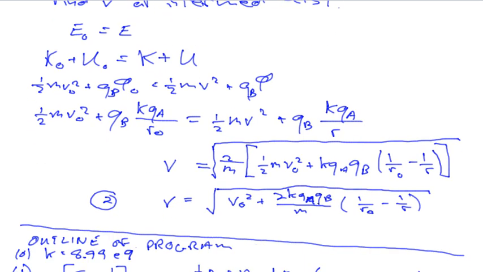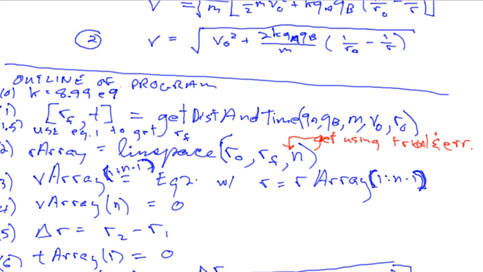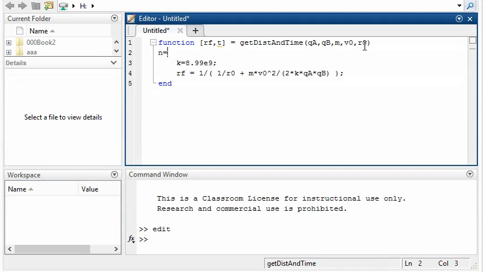And then it gives me RF, and now I need an array from R0 to RF. Well, I think I'm going to try n equals 100. Put that there, and then might have to change that, and it's something I'm playing around with.